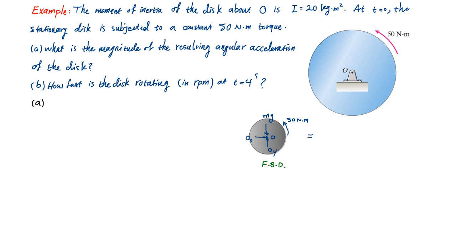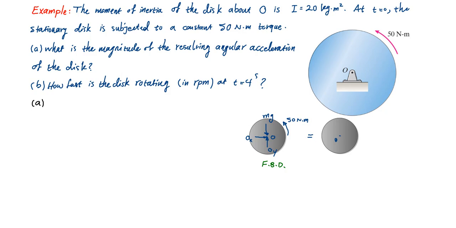Now looking at the kinetic diagram, we'll get pretty much only one thing. We'll have rotational motion, so there's not that much there. If it's point O here, the only type of acceleration we have is the angular acceleration. There is no other component for acceleration.